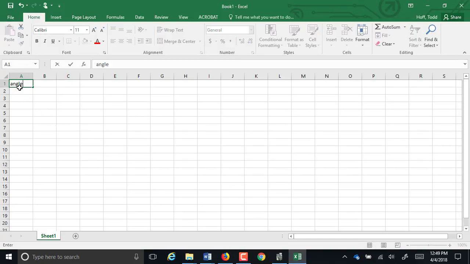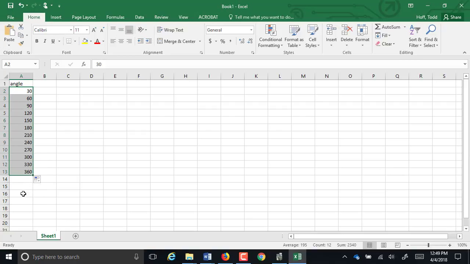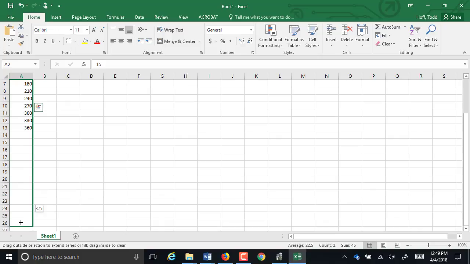So we're going to list here angles. I'm going to do this in degrees just to make it easier on myself. Let's do smaller increments. I'm actually going to stop at 345 instead of 360.